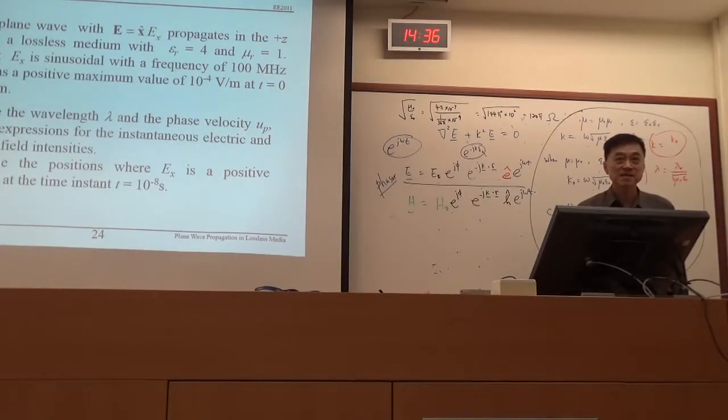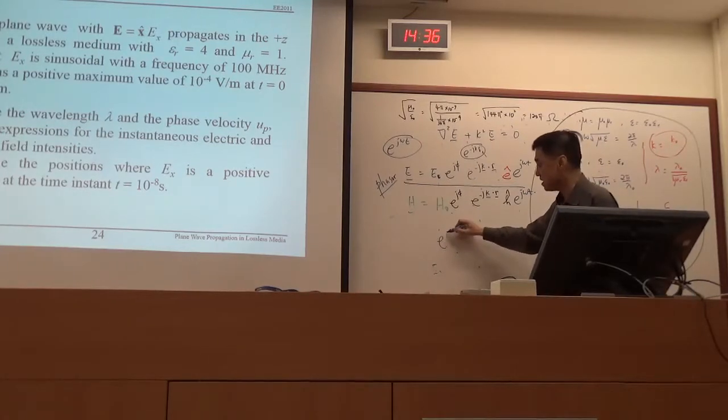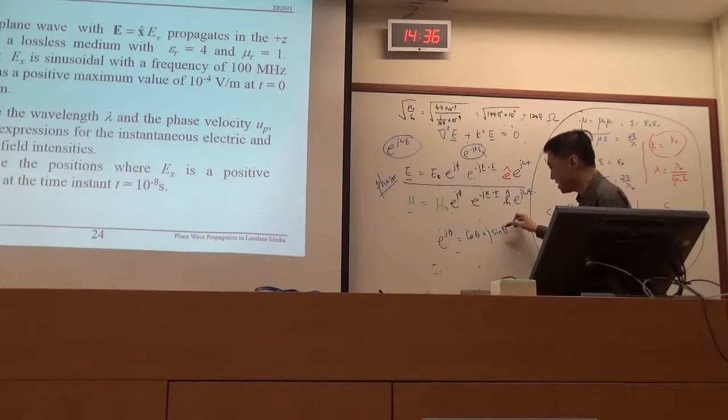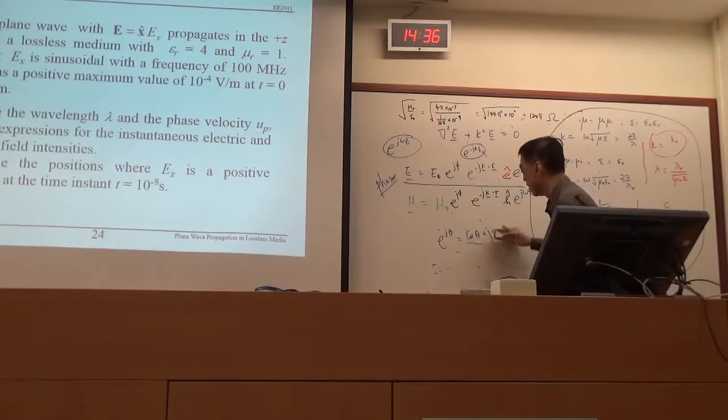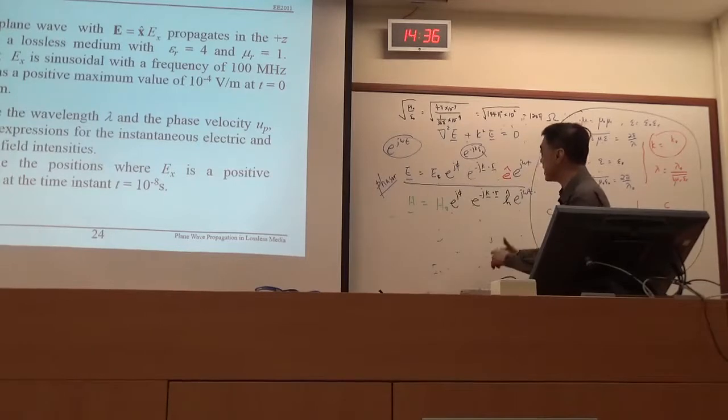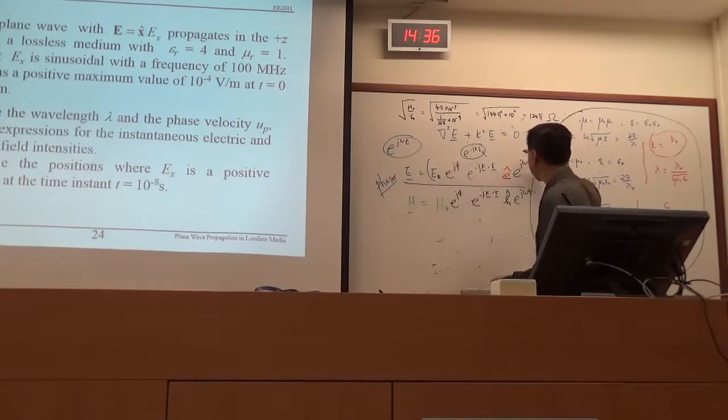Anybody remember it? No. You have e to the j theta equal to cosine theta plus j sine theta, right? You take the real part. That's all. So the instantaneous form is to take the real part of this.